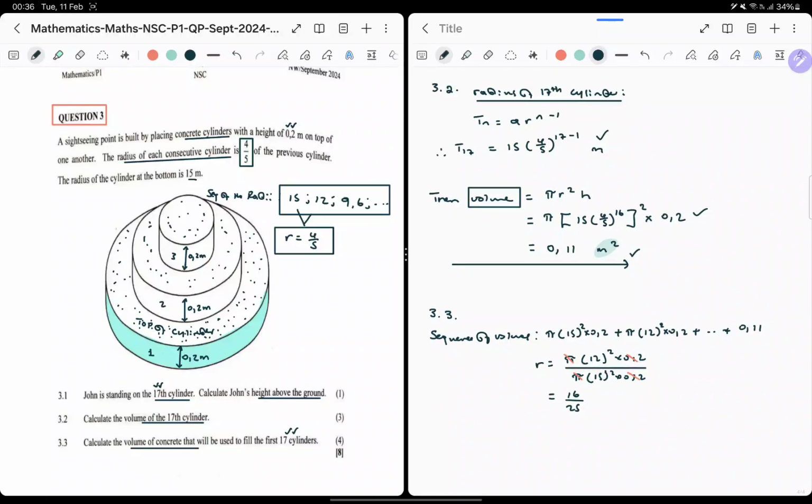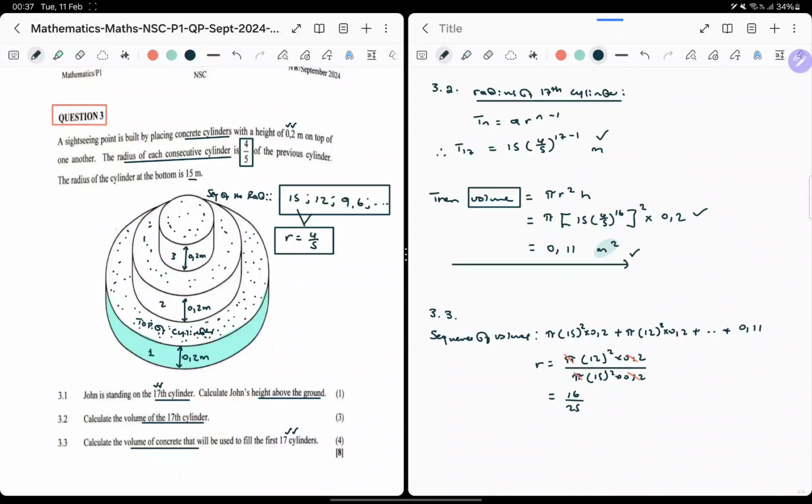Okay, and then what do we do now? We know that there's going to be a common ratio because the only thing that changes is this, okay, guys? But you can do the next term, if you will, and see if the common ratio is the same. It should be. Let me just check. We saw that the other one was going to be 12, and one was going to be 9.6.